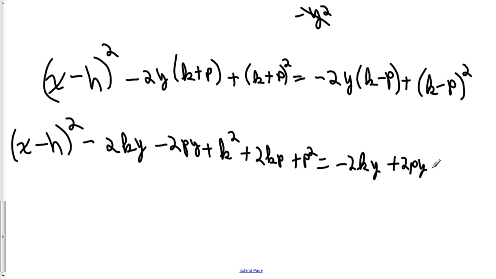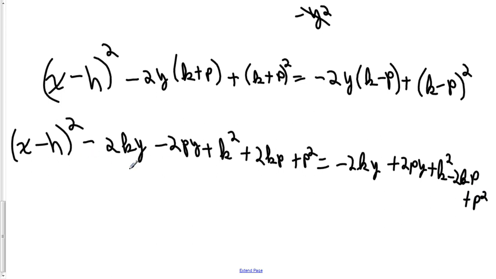And then this one, I'm also going to distribute everything out. So I'm going to get k squared minus 2kp, and then plus p squared.